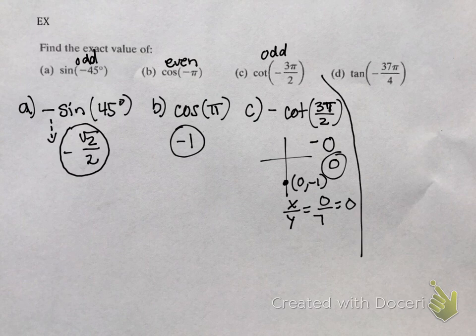Part D. Tangent of negative 37 pi over 4. I know that's going to be a 45-degree angle, so I know the value is going to be 1. However, I'm not sure if it's negative 1 or positive 1 because I'm not sure where this is.